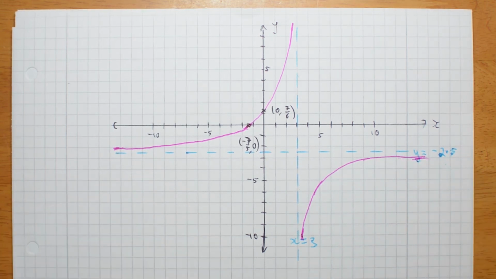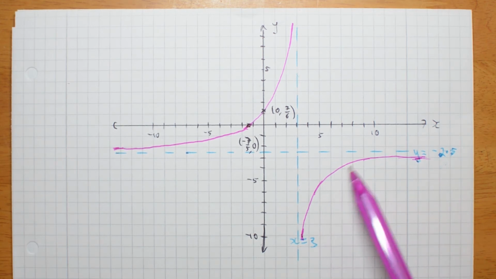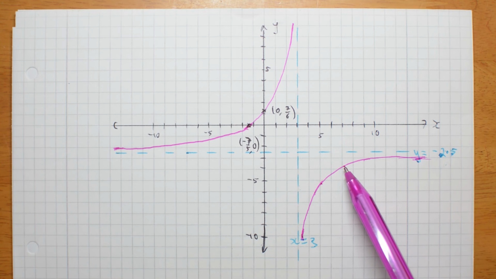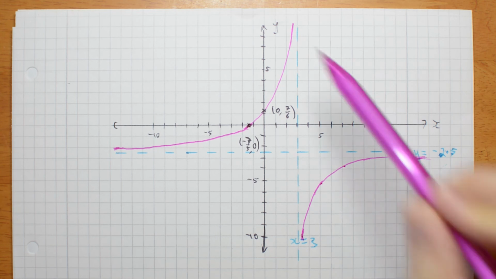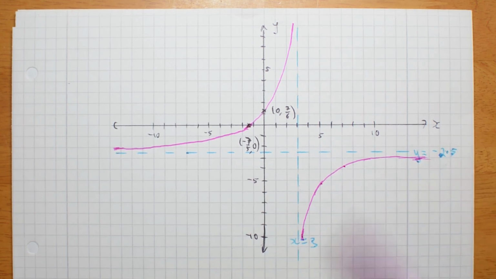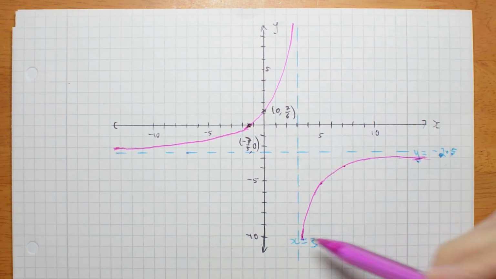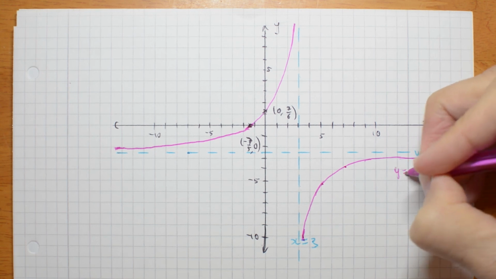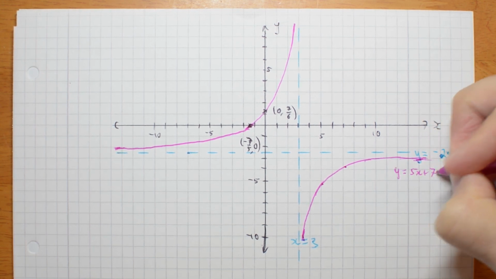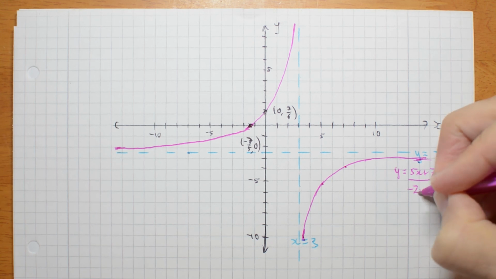If you want to be really precise, you can also pick a point over here somewhere, like 5 or 7, evaluate the function at those points, and work out another point or two, if you're not confident of getting it close enough just by sketching it in. This really should be the same distance as this. For example, my graph is probably a bit further out, but that's good enough. And we'll label it: y equals 5x plus 7 over negative 2x plus 6.